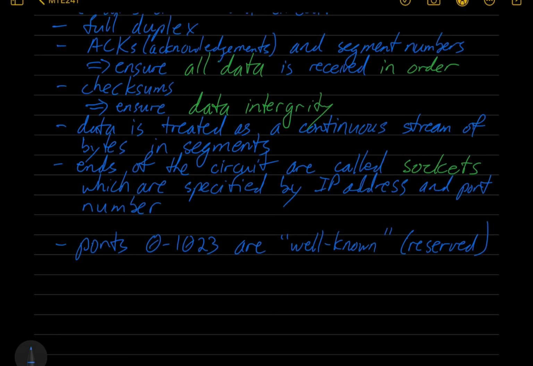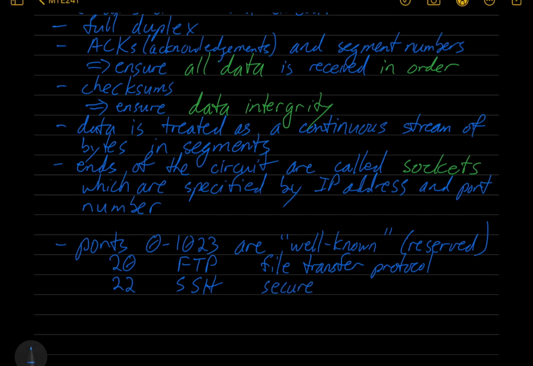So examples of these are port 20 is reserved for FTP, which is the file transfer protocol. I don't see FTP in use much these days, but it is still out there. Port 22 is for SSH, which is the secure shell.